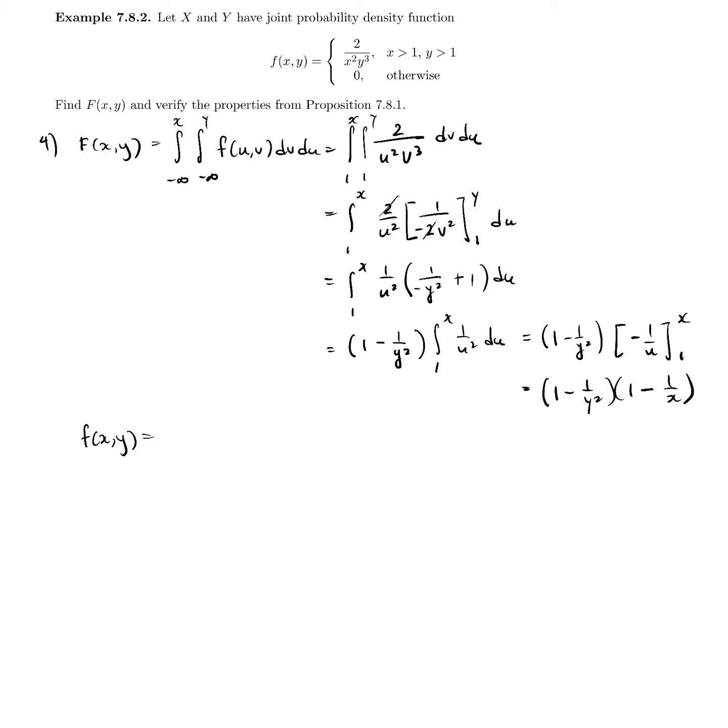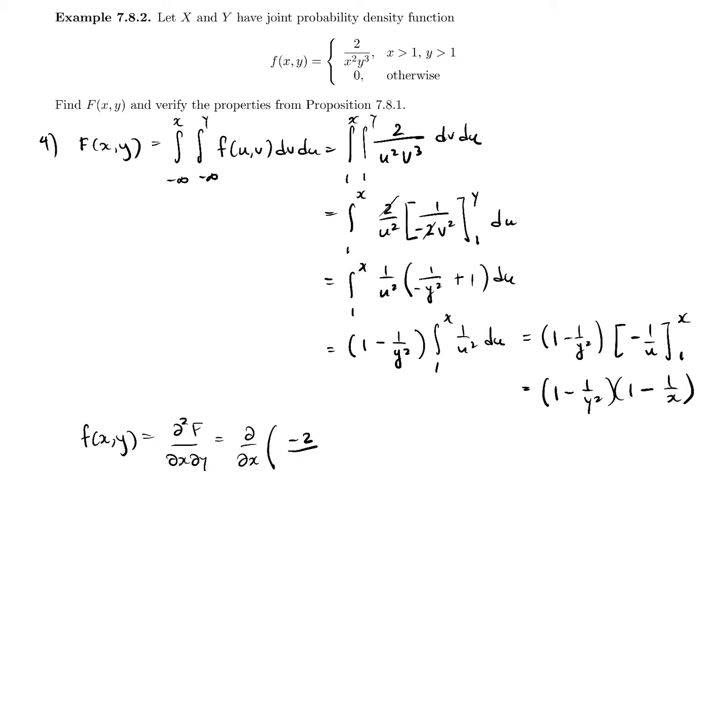So f of x y should be the mixed partial, del squared F over del x del y, which gives us del by del x of, and we'll take the derivative here with respect to y. So this part is a constant. This is, again, the reverse of the power rule. It really is just the reverse of what we did up here. And so we are going to get minus 2 over, oh no, the minuses will cancel, right?